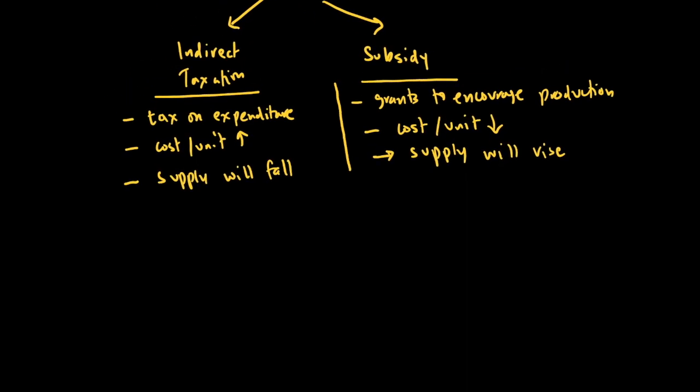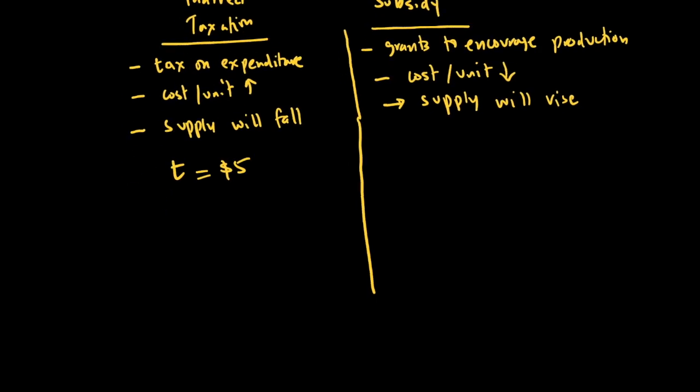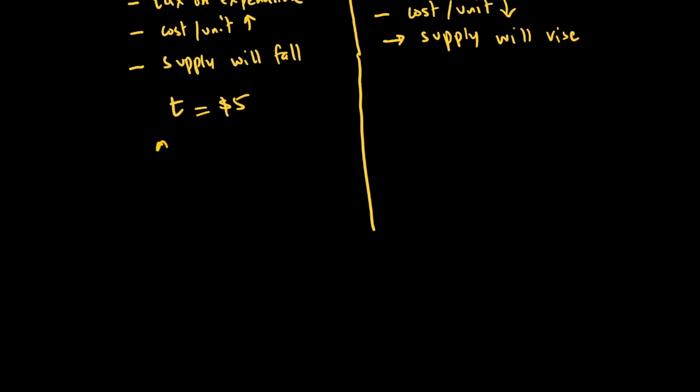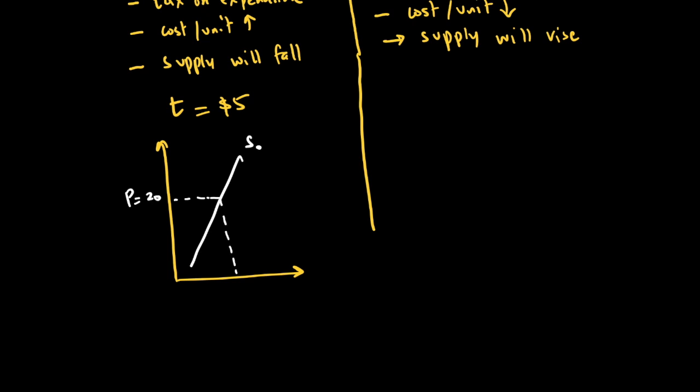So let's say the government decides to put a tax of $5. How is that shown in a diagram? Let's say this is my initial supply curve S0, and right now the price is, let's say, $20, and the quantity is 100 units.